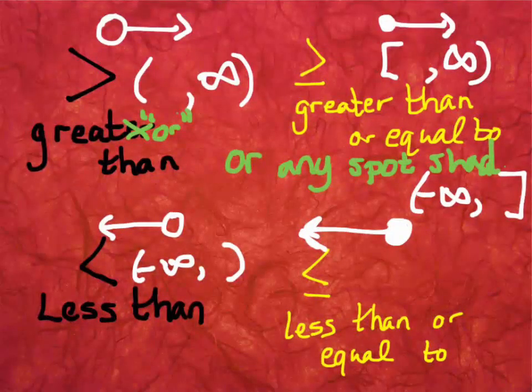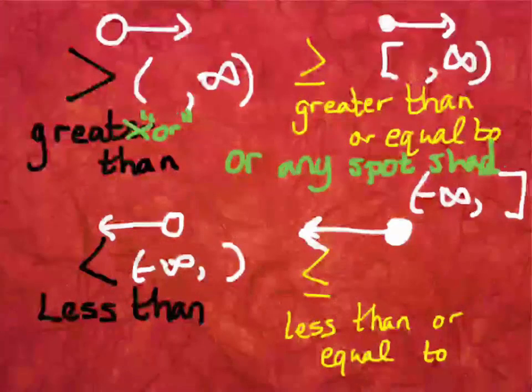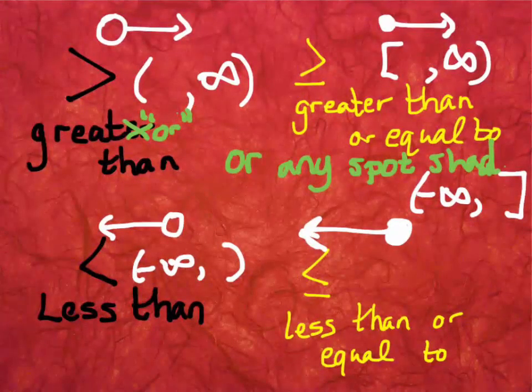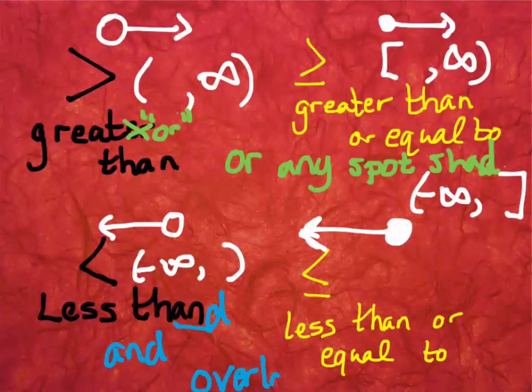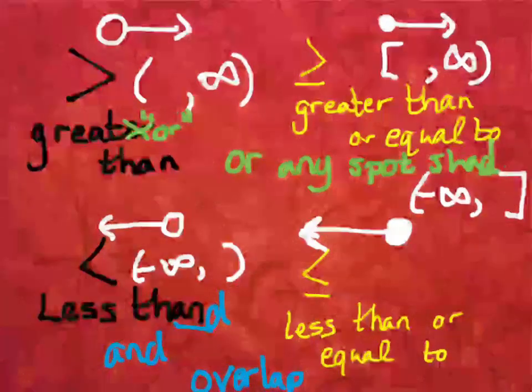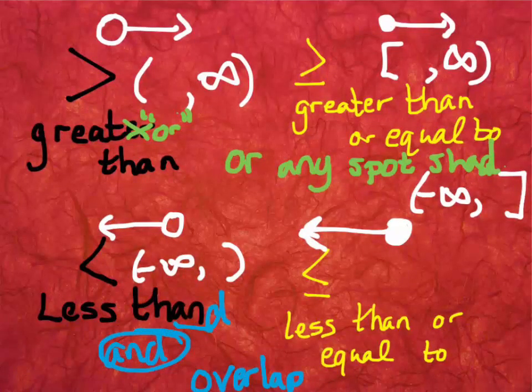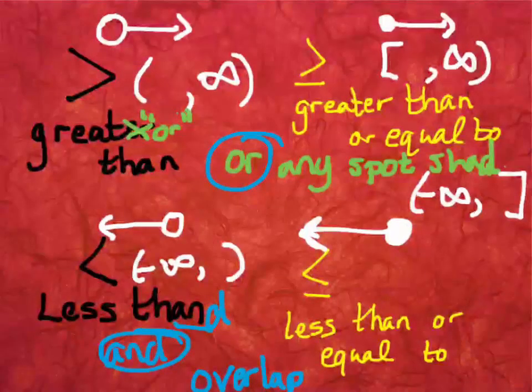And less than is going to be and, where we are looking for the overlap. So you're looking at what's shaded with both of the things on each side. And for less than, or for greater than.